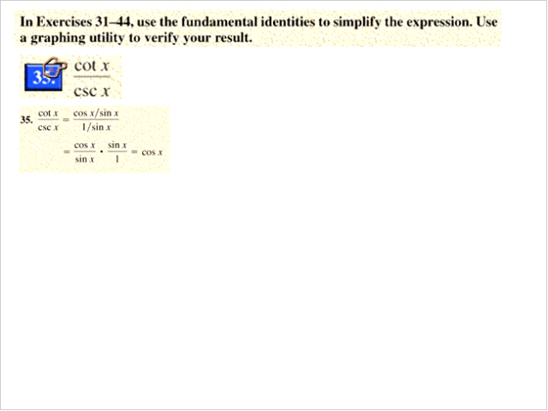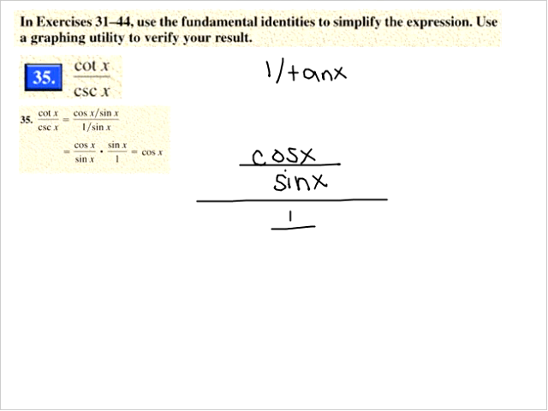Here, let's try to rewrite each one. Cotangent is 1 over tangent, or another way we can write cotangent is cosine over sine, and I actually prefer that one. Cosecant is the same thing as 1 over sine.